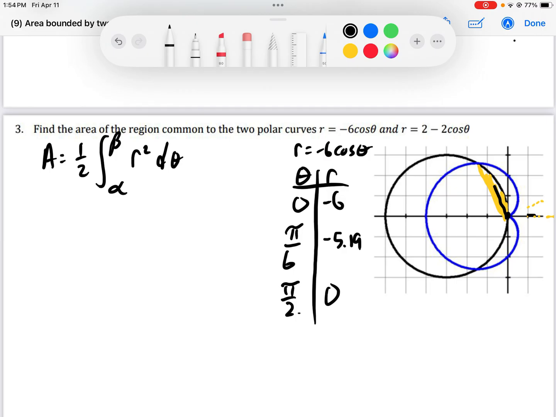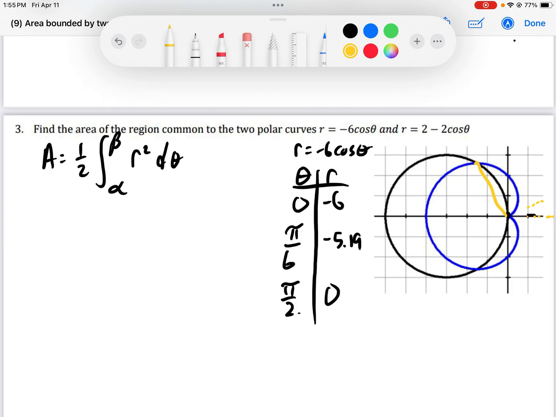And then as I go on, if I wanted to find, say, pi over 2 to pi over 3, it's going to be kind of tricky because it's actually going to be where this intersects. But I know at this point, it started over here and it's going around at 0, it's here. So as theta goes past pi over 2, it's going to be forming that way. And that's just from practice and taking time graphing these things.